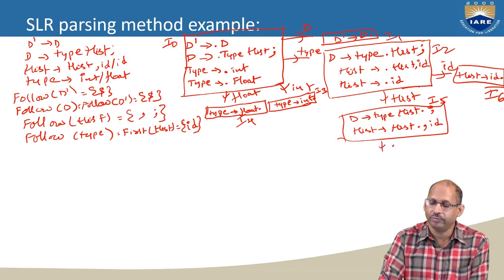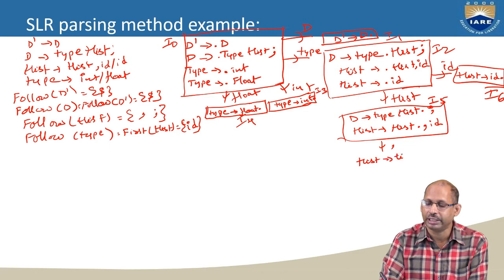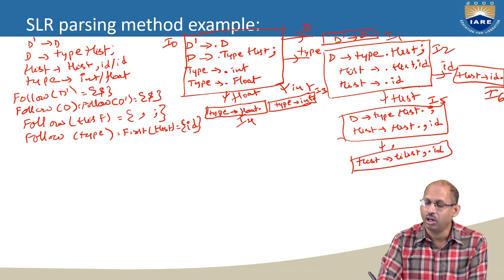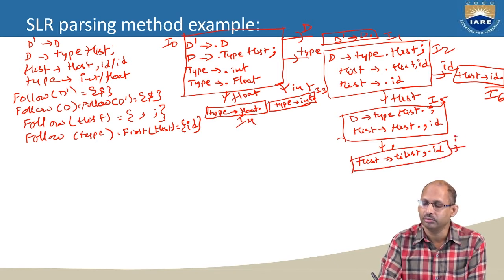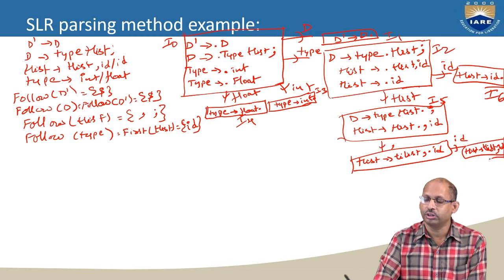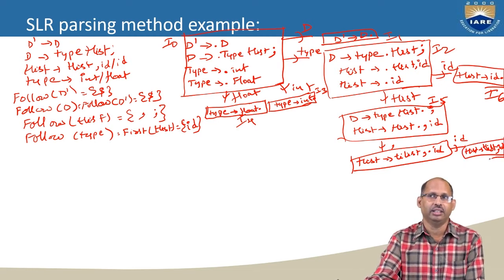Then on comma, T list uses T list comma dot id. On id, T list uses T list comma id dot. So finally dot at the end.